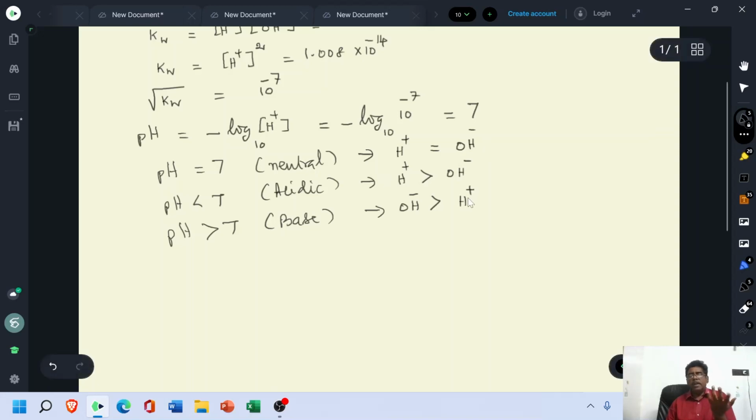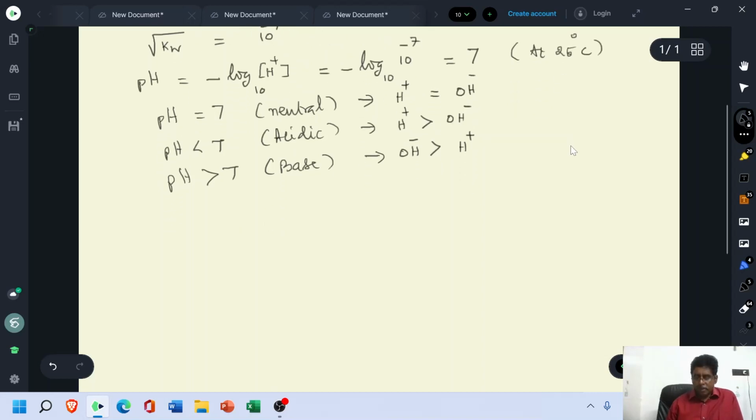One is acidic and another one is base. But traditionally we are saying that the pH value of water is 7. Is it possible at all the temperatures? No. The pH value of water is 7 only at 25 degrees Celsius.